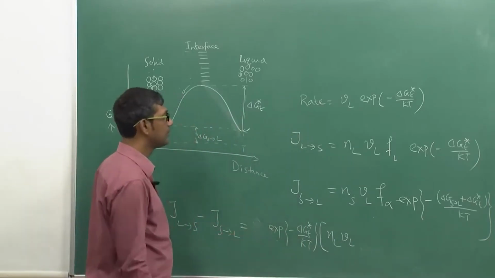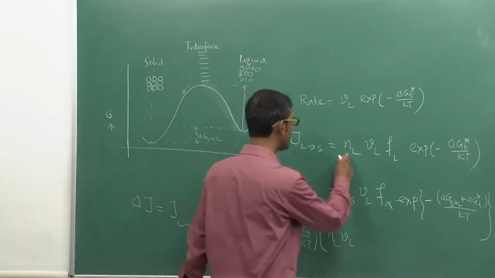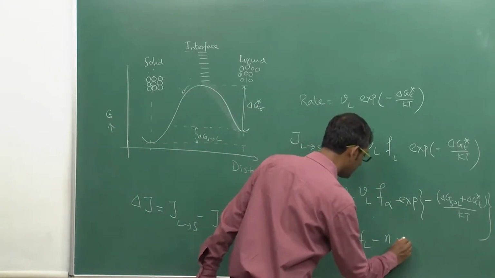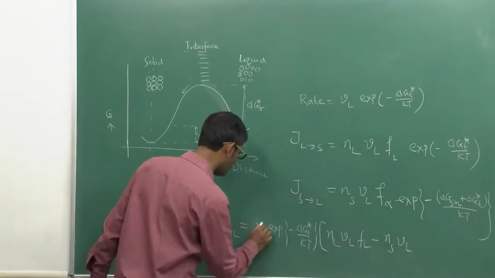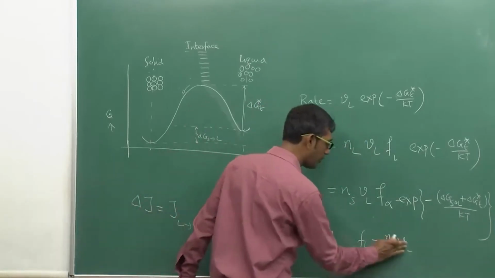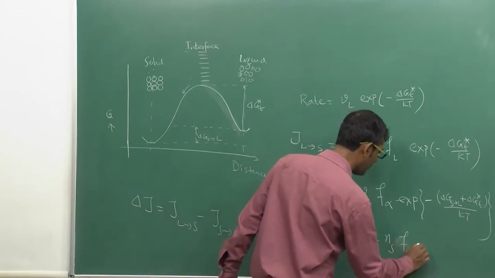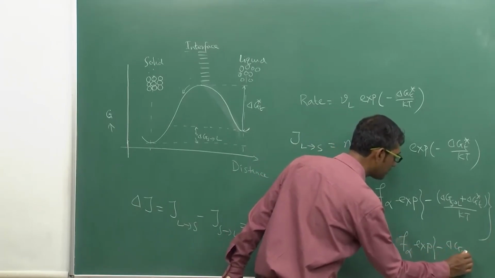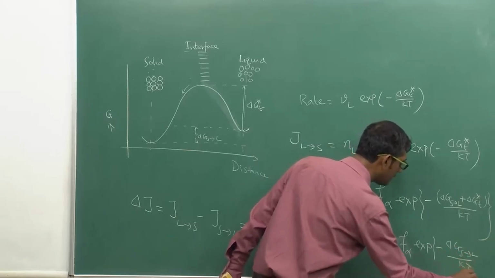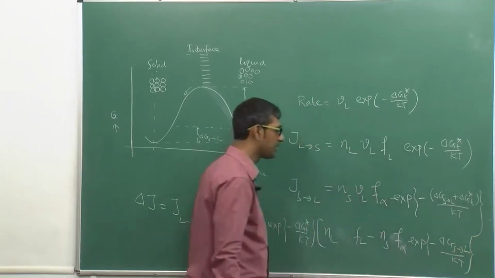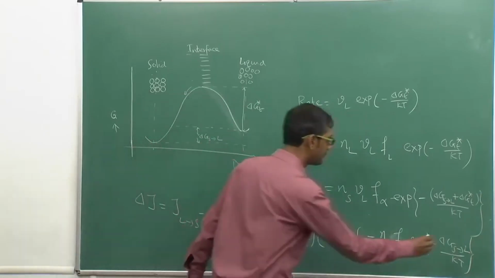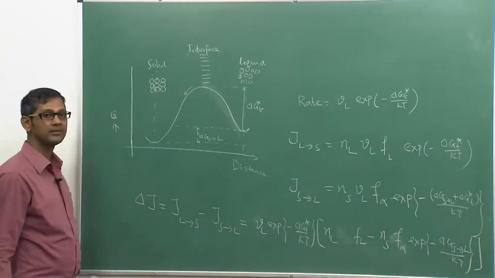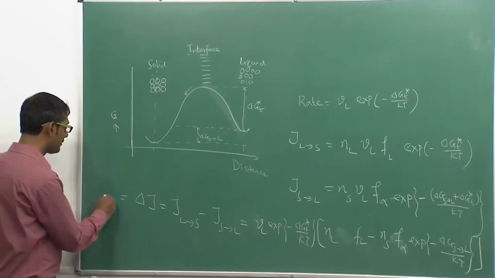So only this factor I can take out. So NL nu L, F L minus NS. Oh sorry, nu L can be taken out. Yes, nu L can be taken out, it's common, and then this will be exponential minus delta G solid to liquid by KT. That's basically my net flux, and that's nothing but the growth rate. Okay, so that's nothing but V.